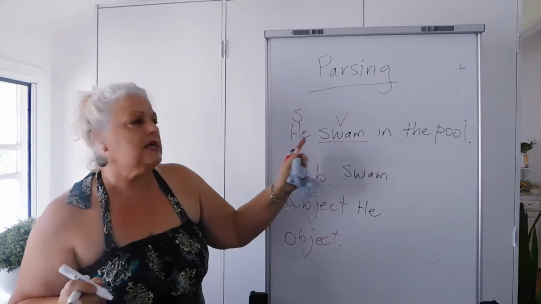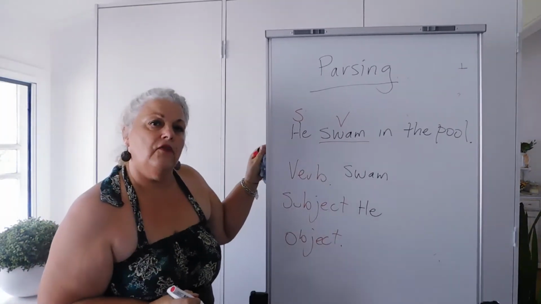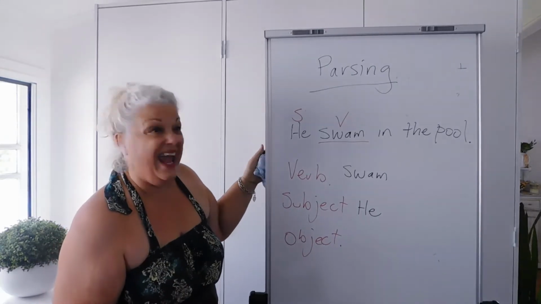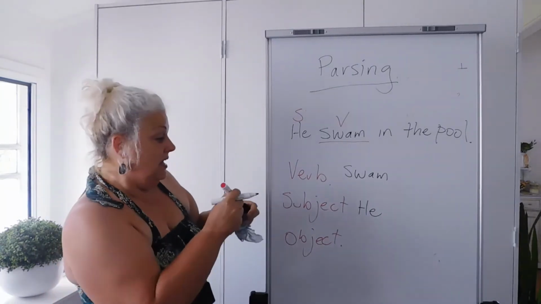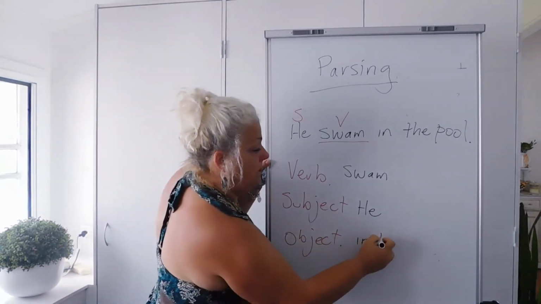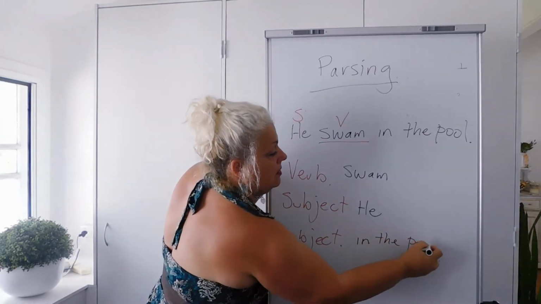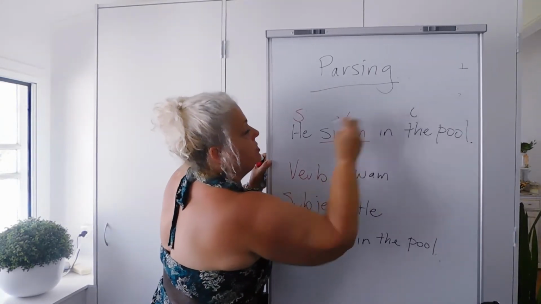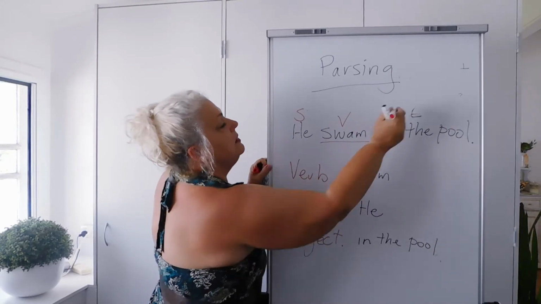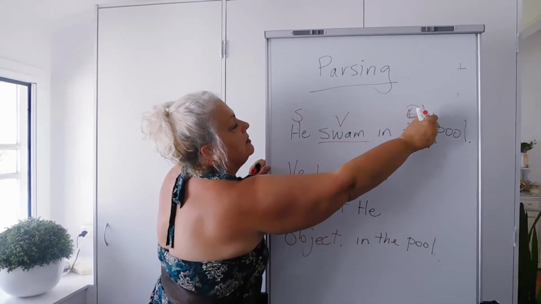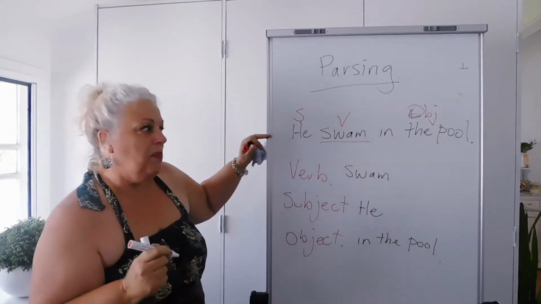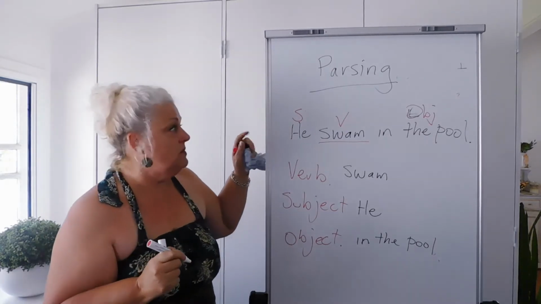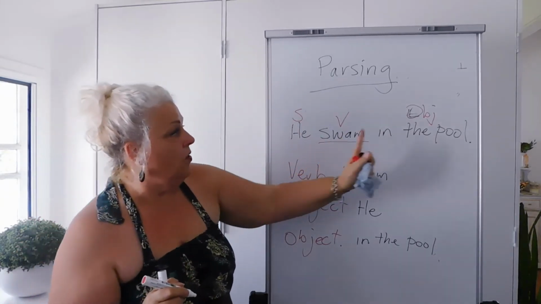We ask questions after the verb to find out if we have an object. Swam where, how, why. He swam in the pool. We have an object. So this is a parsed sentence in terms of subject, verb and object.